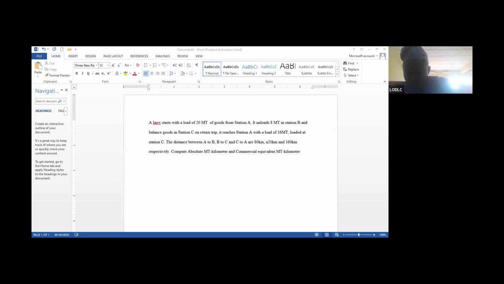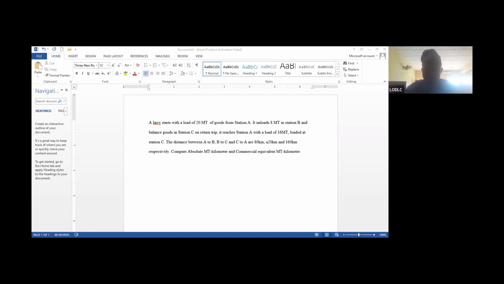So for B now, we have 12 metric tons. So the first, which is A, is 20 multiplied by 80. The second, which is B, is 12 multiplied by 120. And for C, we have 16 multiplied by 160. That is how to arrive at the weighted average or absolute basis metric ton kilometer.